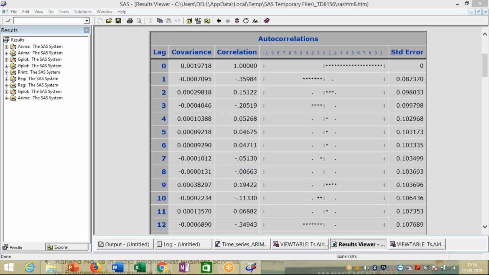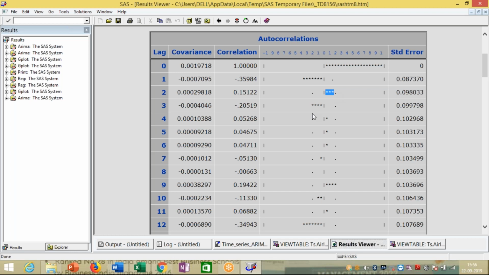It could be positive as well as negative. So one thing that you generally see over here is that the correlation coefficient can lie on both sides. If it is on this side, it means that between yt and yt minus 1 there is a negative lag. This means there is a positive lag. And ideally what we should expect over here is that the lags should keep on decreasing, right?